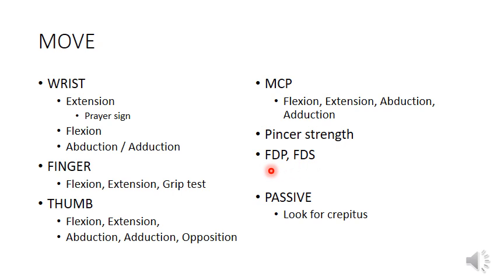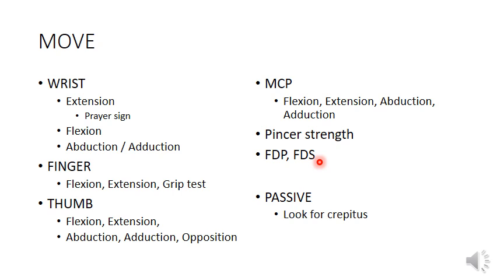Look for the flexor digitorum profundus and flexor digitorum superficialis tendons to see if they are normal. This can be checked by asking the person to flex the fingers at the metacarpophalangeal joints, where both the flexor digitorum profundus and superficialis act.